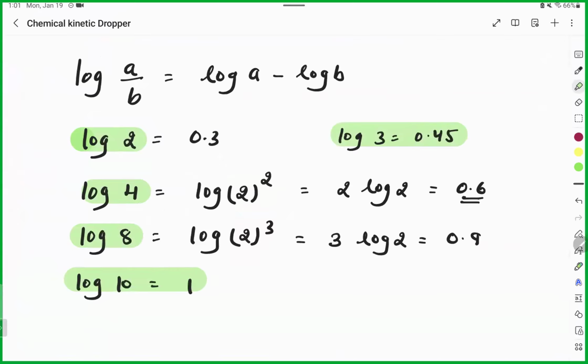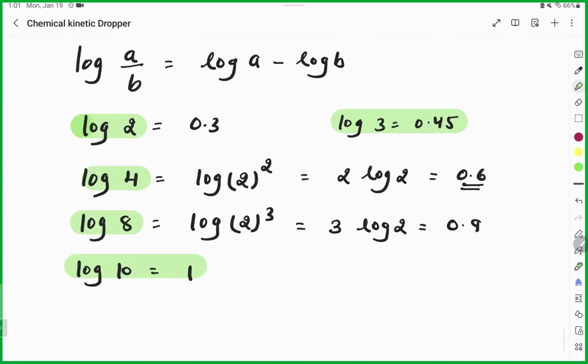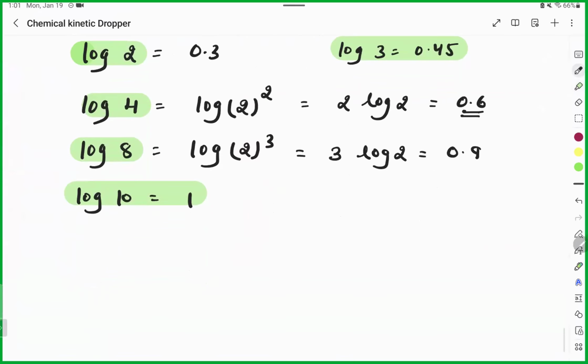Even when we were doing our first order reaction formula, Chandana, what is the first order reaction formula? K is equal to 2.303 divided by t, log R naught by R. Correct.